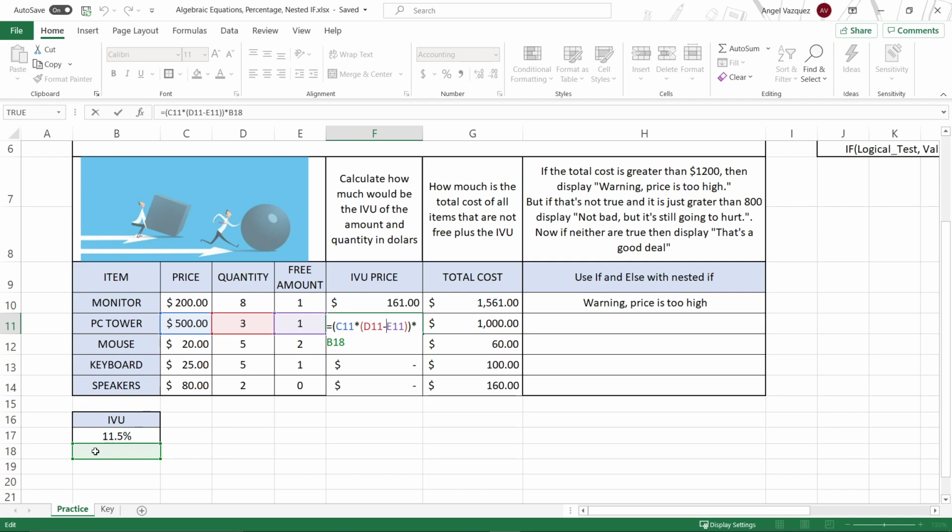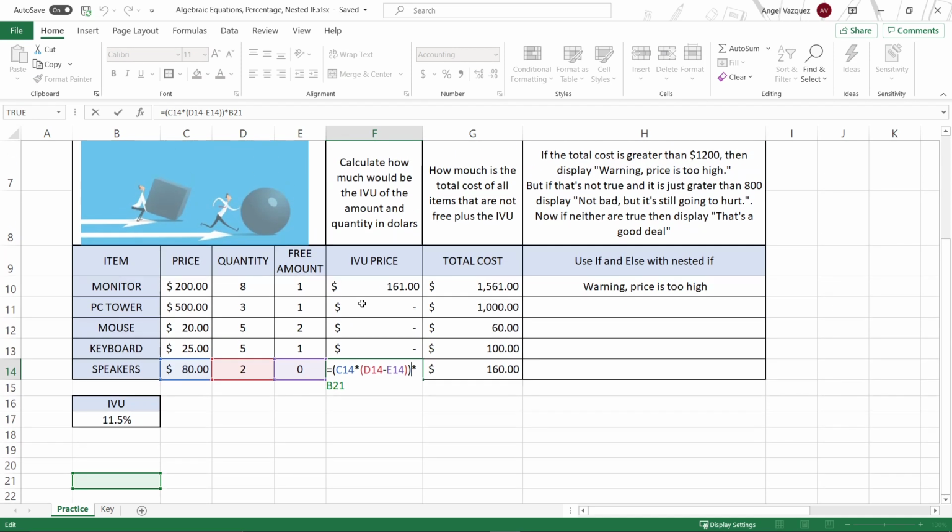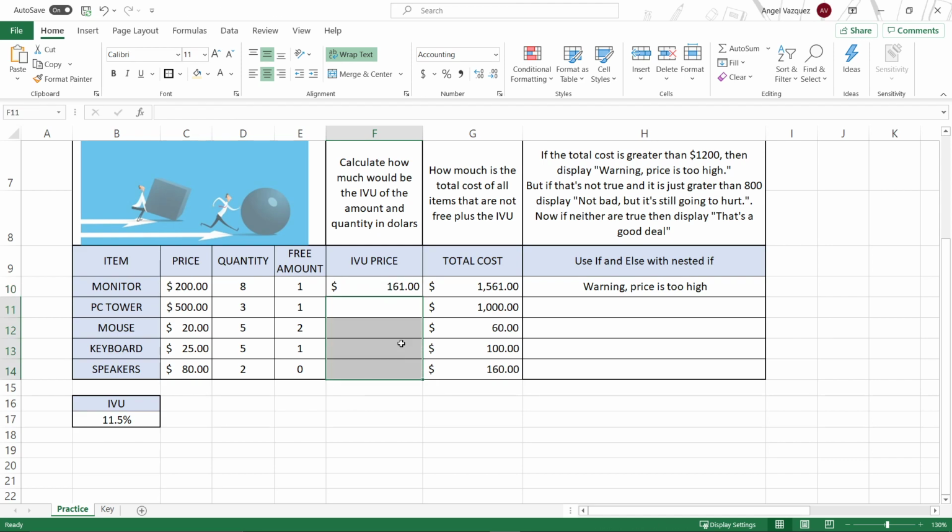You see, it's looking for the one on the bottom, under the evil, because I copied it down. And if we go to the last one, look at where it's looking for the evil right here. So how can we fix that? Well, we gotta tell Excel that one of the cells will not change even when I copy the formula. So how do we do that? So we go to the original cell.